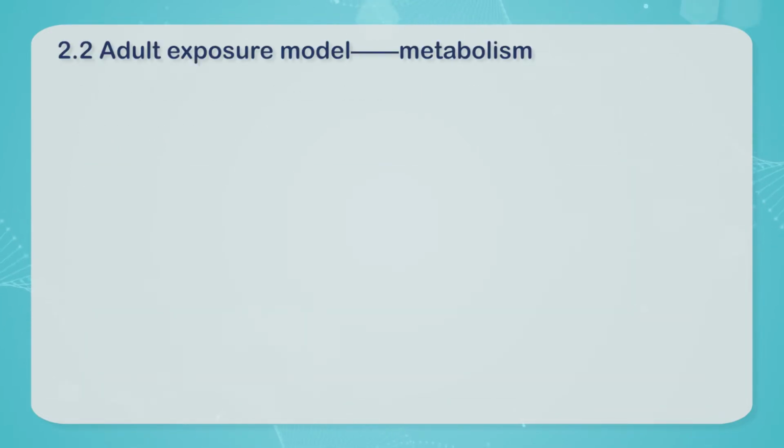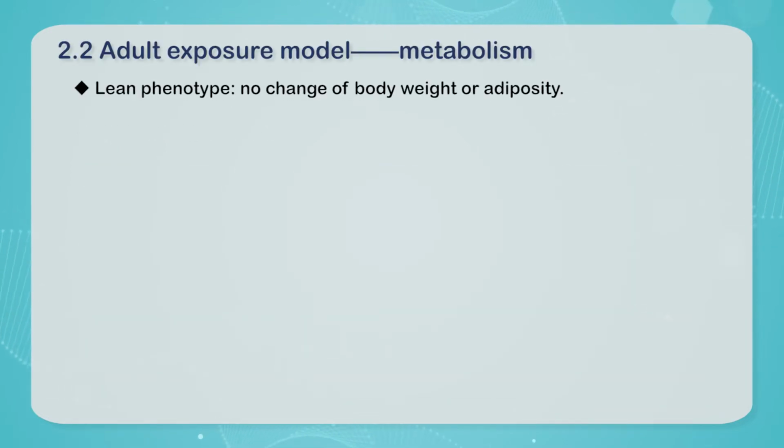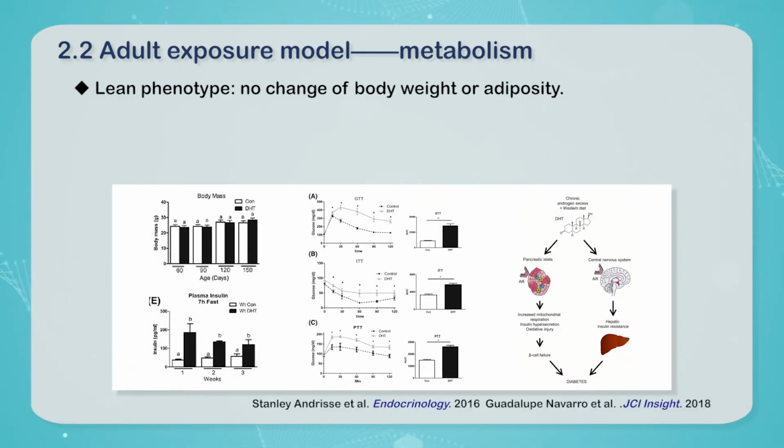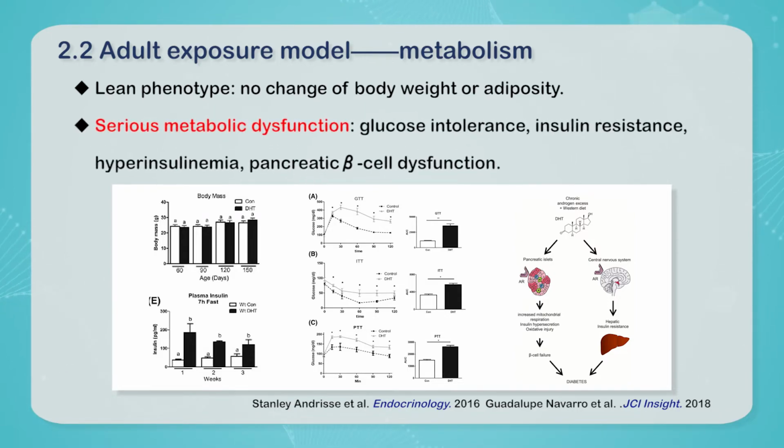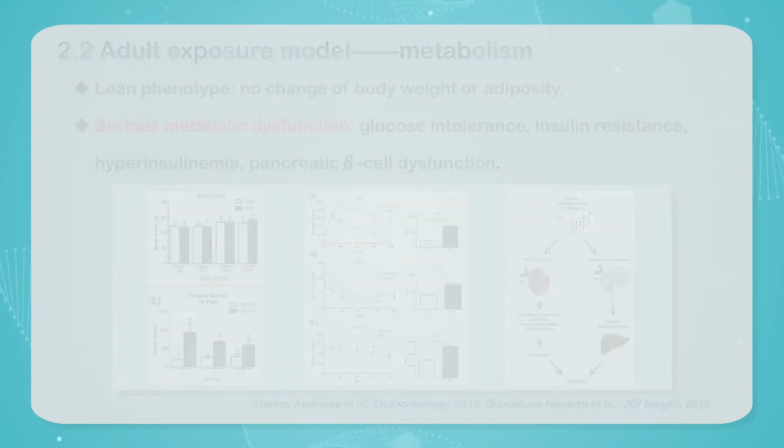But unlike peripubertal exposure, this adult-exposed model does not develop obesity, and therefore represents the lean PCOS subtype. Despite this, the metabolic dysfunction, including glucose intolerance, insulin resistance, hyperinsulinemia, and pancreatic beta cell dysfunction, is all obvious in this model, especially when combined with a high-fat diet.